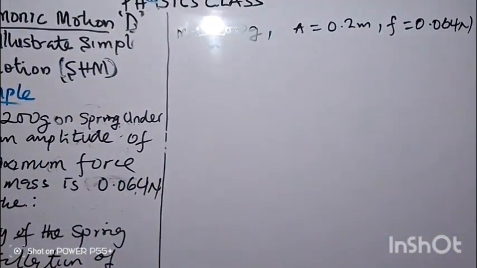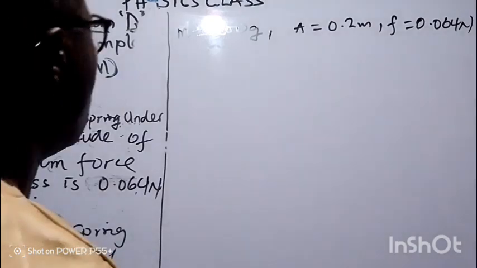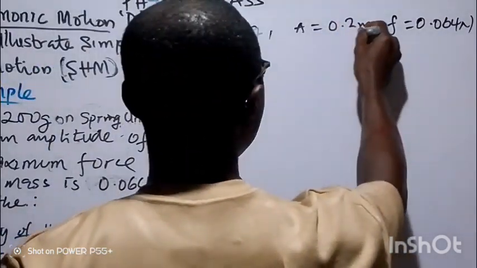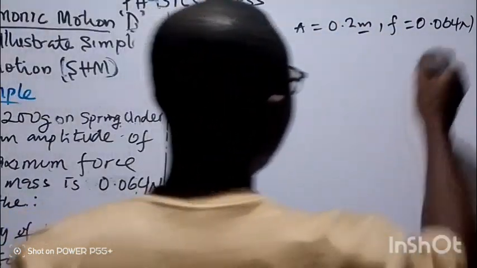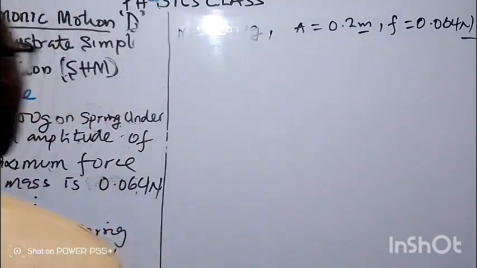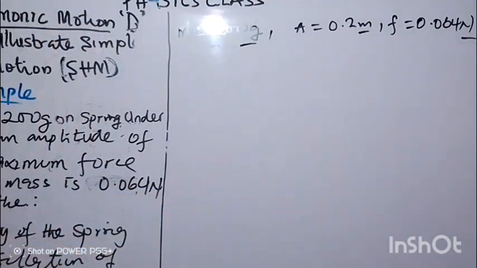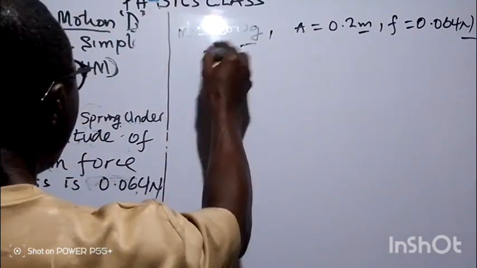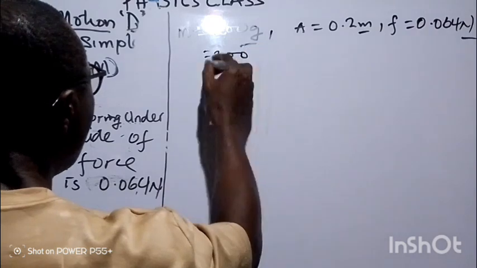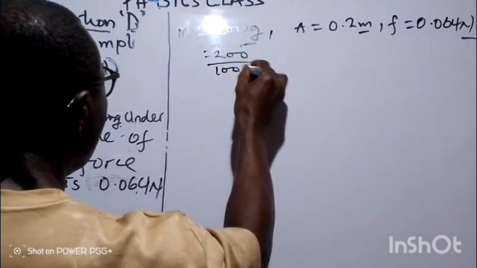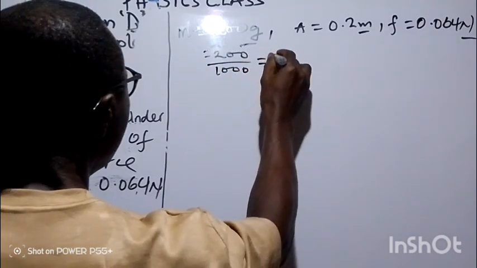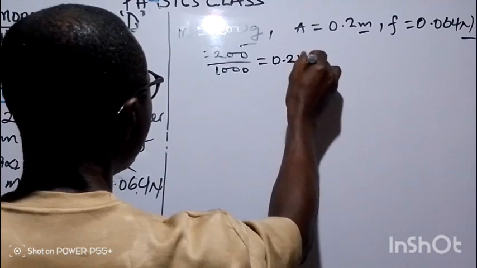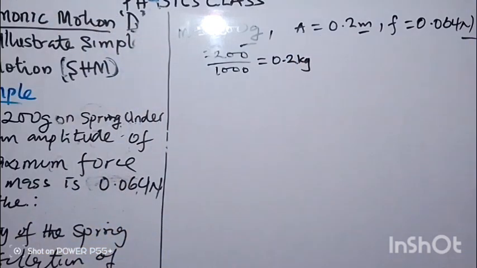The first thing we are going to do: amplitude is in meters, force is in Newtons, but mass is given in grams. To be consistent, we need to convert this to kg. So we divide by 1,000. 200 divided by 1,000 gives us 0.2 kg. That will be the mass in kg.